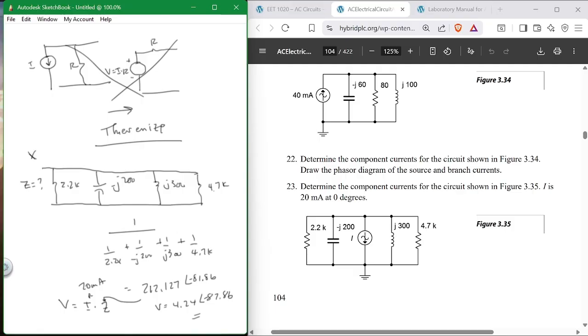Will he ask a current question? Maybe one. Tend to ask voltage questions, might ask one current question. You got to turn it into voltage. So you got to do this step first, and then find voltage, and then go from there. You got to get to this point where you can find voltage.